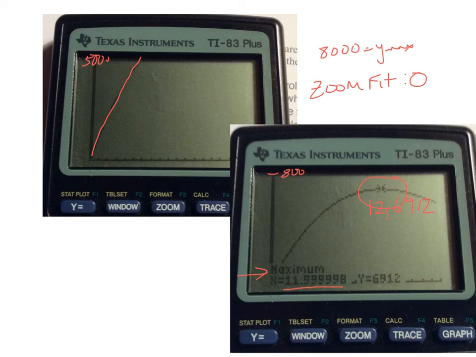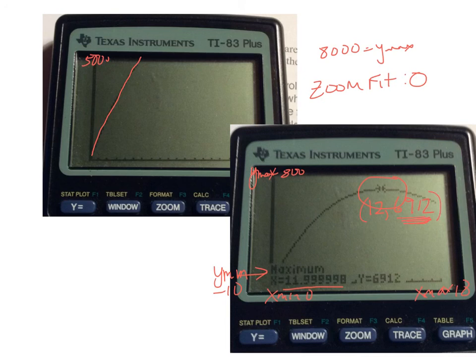So we're going to go back to the question, and the question says, using the graphing calculator, graph the function and sketch it. So we can sketch it in our window. In the window on your sheet, you would say my Y min is minus 10, Y max is 8,000, my X min is 0, my X max is 18, and I have a maximum value of 12, 6912, so that's the volume.